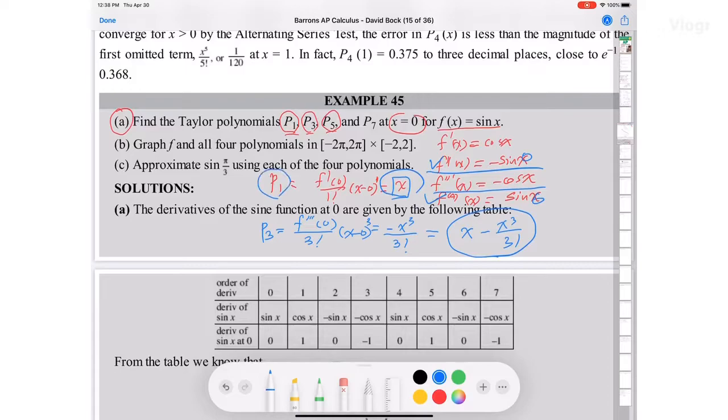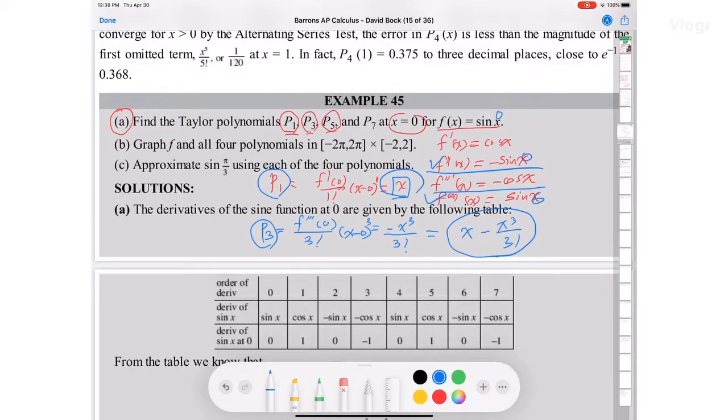P1 is P0 plus first term plus second term. The first term is 0, right? Plug in 0 for x, f of 0 is 0. That's why you don't have to do that. And then the next term is just x, 0 plus x. And then P3 means what? First term, second term, third term, fourth term actually, right?